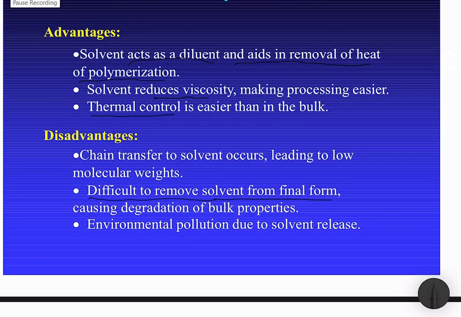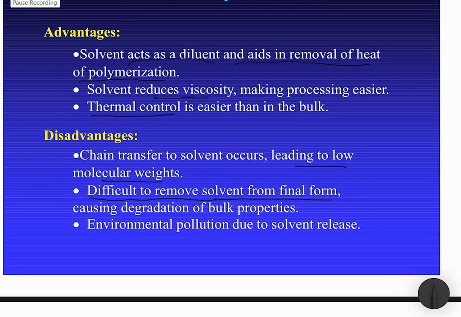So that needs to be checked. Otherwise, it would lead to much lower molecular weights, or such type of molecular weight which is not useful in the later stage. So that is the major concern, the intrinsic transfer reaction, which can interplay during the propagation.